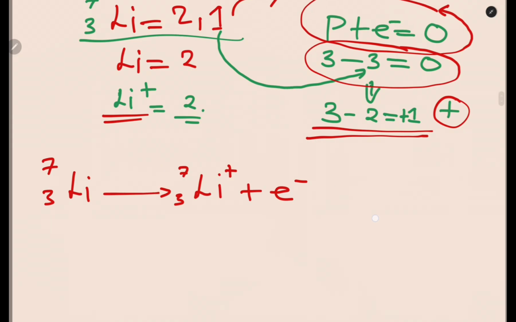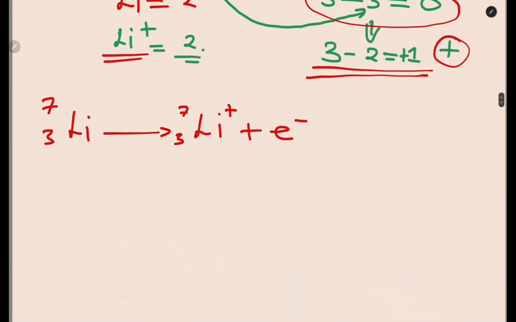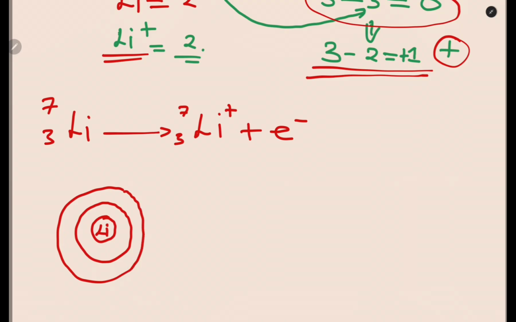So this is how we can present it. Now, in terms of structures, we can write the structure of lithium, the normal one. How many shells? We know that is 2 shells. 2 shells for lithium. Then now, let me just put electrons here. So 2 electrons.